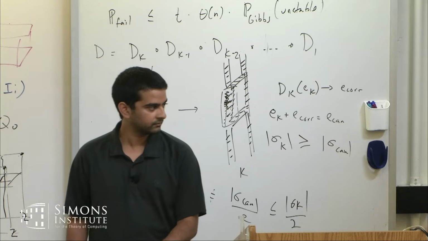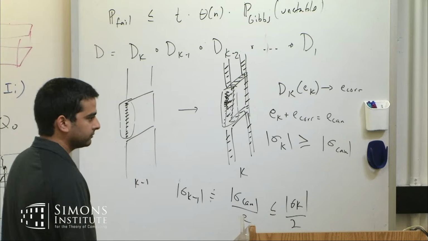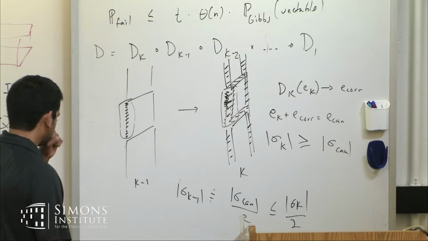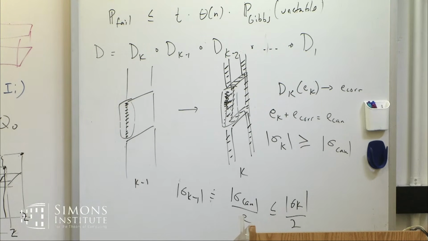How does this perturb replacement map affect the way your decoder works? Oh, the replacement map. So the way the decoder is going to work is there's some error configuration here.